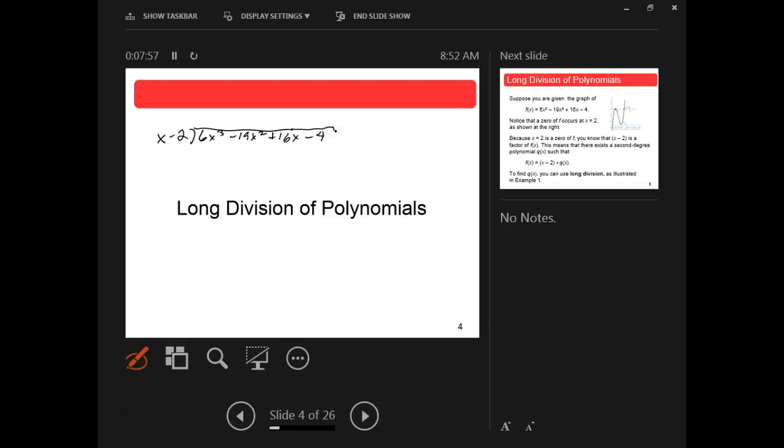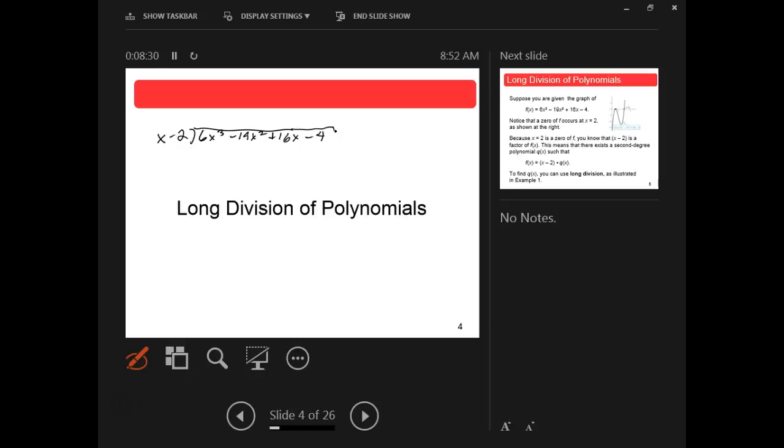Okay. Now, time out. Before you try to do long division of polynomials, you've got to make sure of a couple of things. First, both the divisor and the dividend are in decreasing order of their powers. This is degree 1, that's degree 0. This is degree 3, 2, 1, 0.